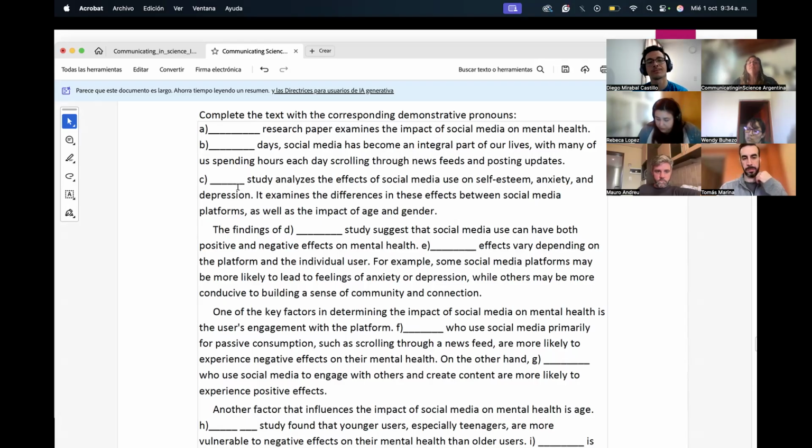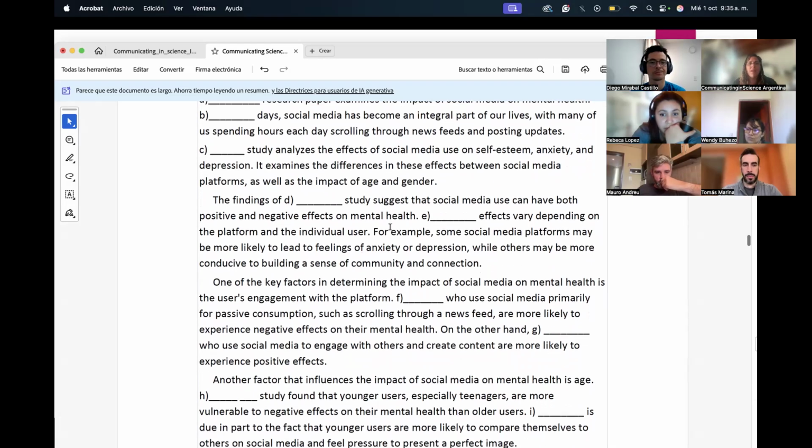This study analyzes the effects of social media use on self-esteem, anxiety, and depression. It examines the differences in these effects between social media platforms, as well as the impact of age and gender. Notice that I'm exaggerating the pronunciation, right? To be able to tell the difference.